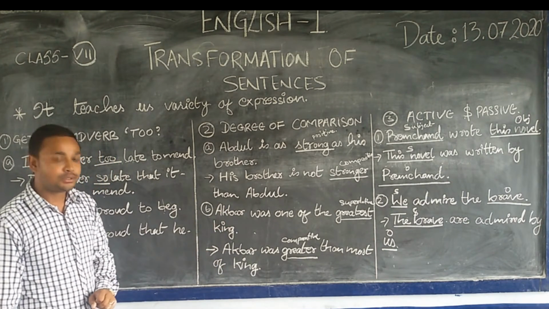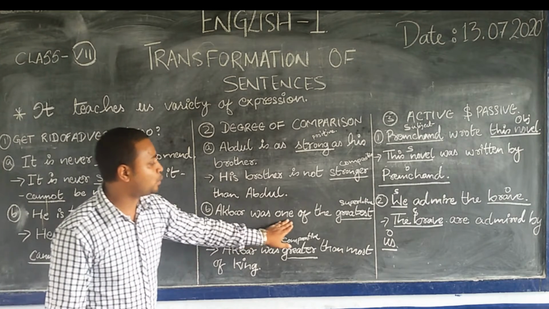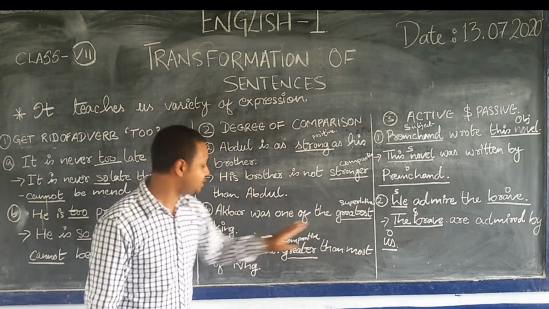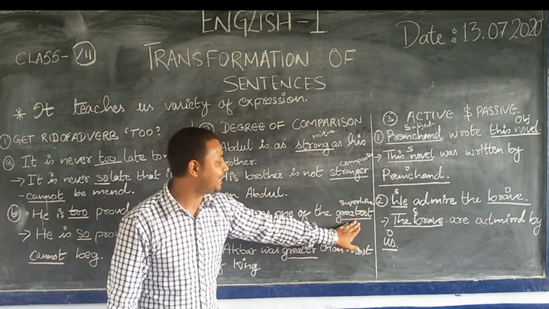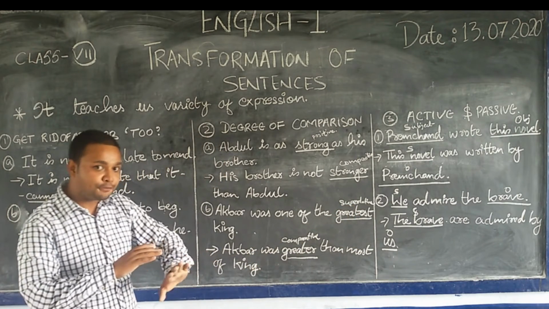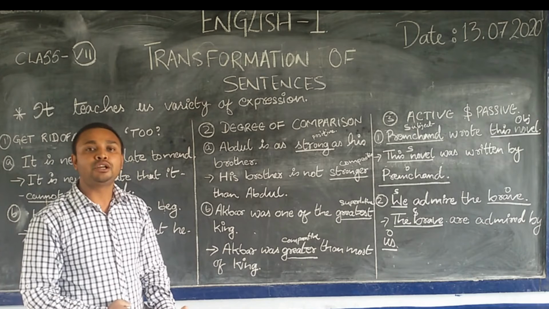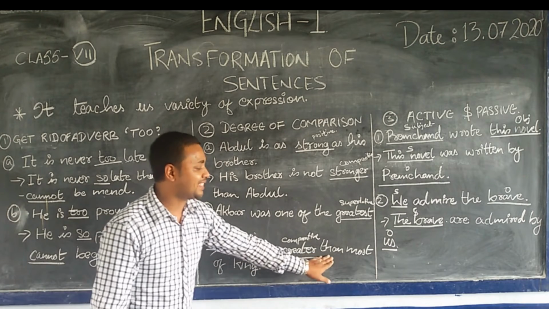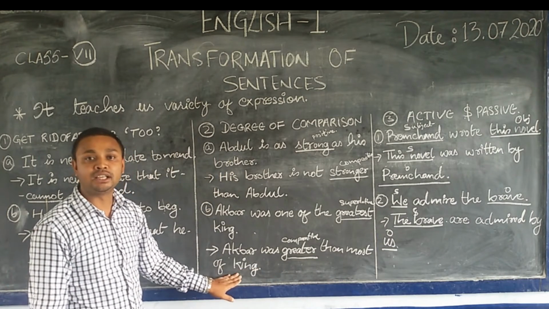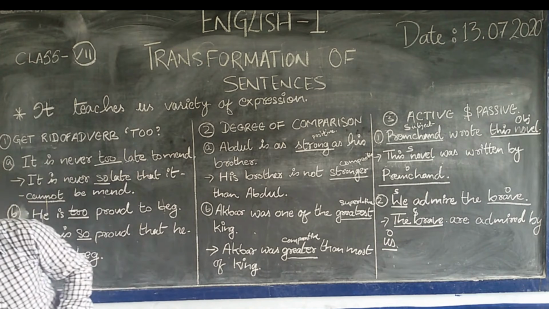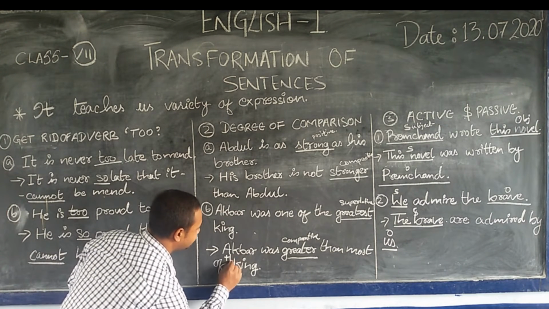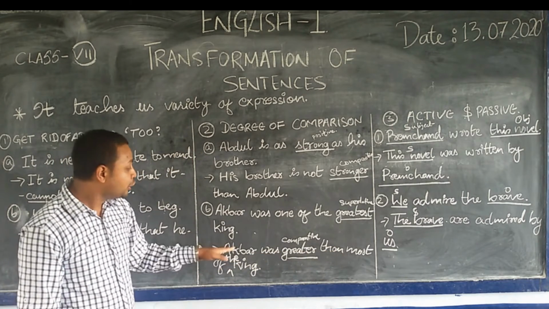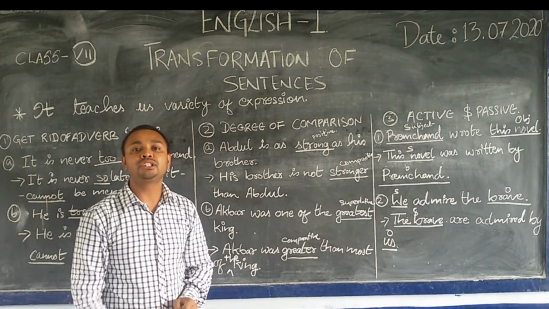The next sentence is "Akbar was one of the greatest kings." Here the word greatest is in the superlative degree. If we have to rewrite this sentence in another way, you can write "Akbar was greater than most of the kings." You can make this into a positive degree as well.